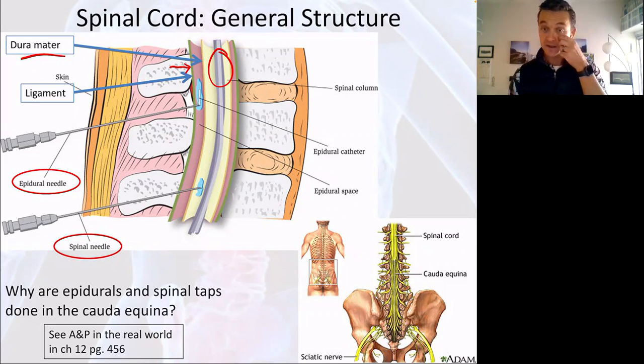If you've had an older sister or aunt or your mom, if you have a lot of younger siblings, been involved in their delivery process of a baby, then you might have heard people say, I got an epidural, or I'm considering whether or not I want to get an epidural.